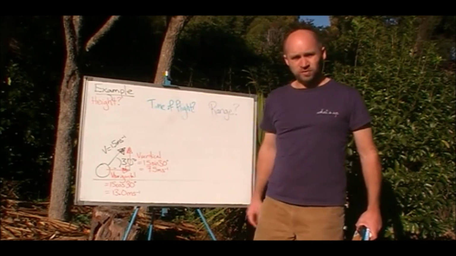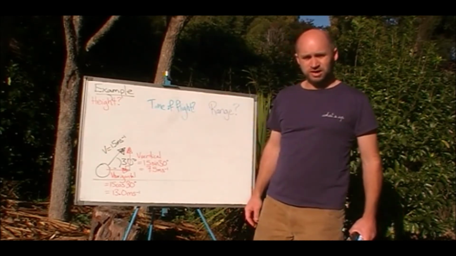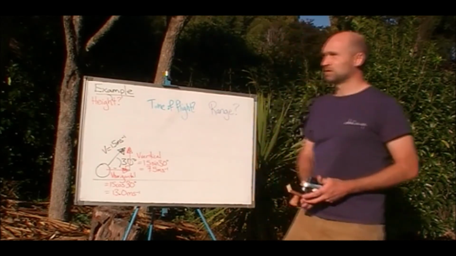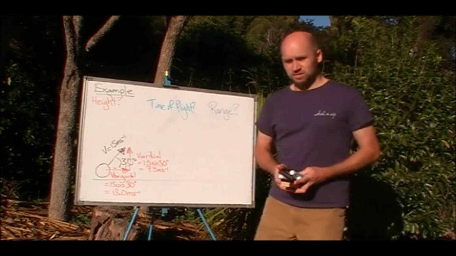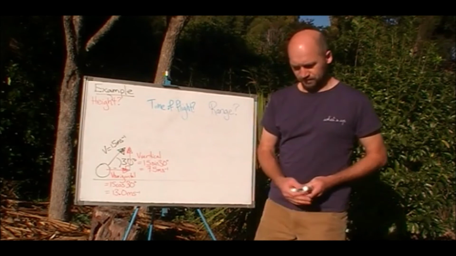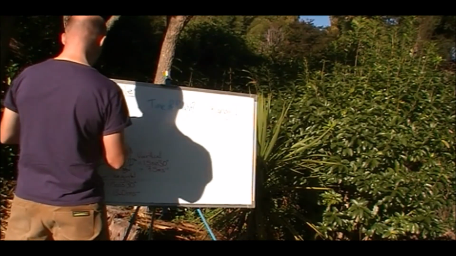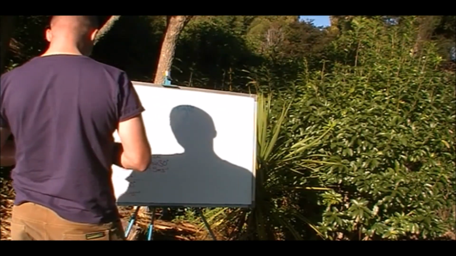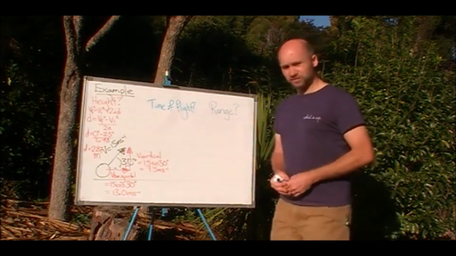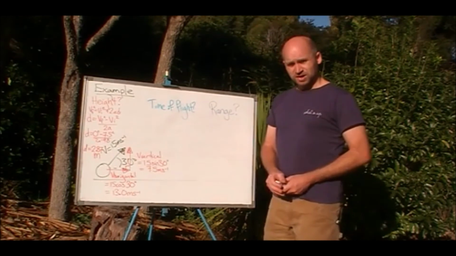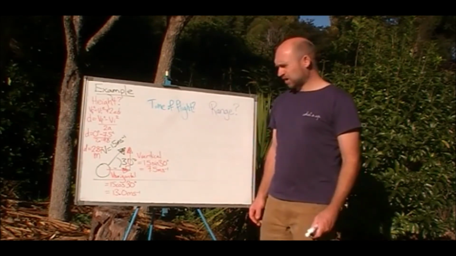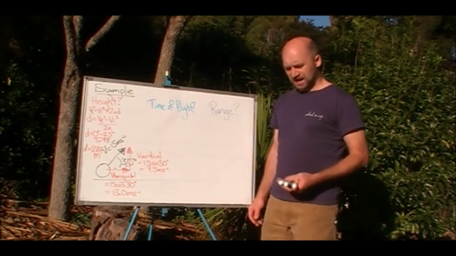Now, height. First of all, think about what you know and choose a kinematic equation to solve for height. Pause the video and have a go, otherwise I'm just going to do it for you. For that height, we're going to use the equation VF squared equals VI squared plus 2AD.